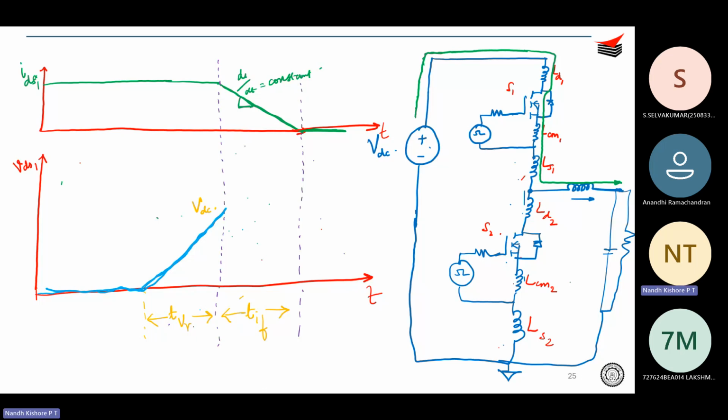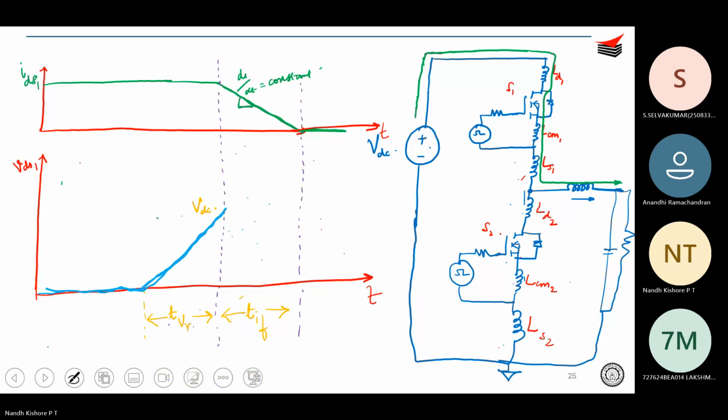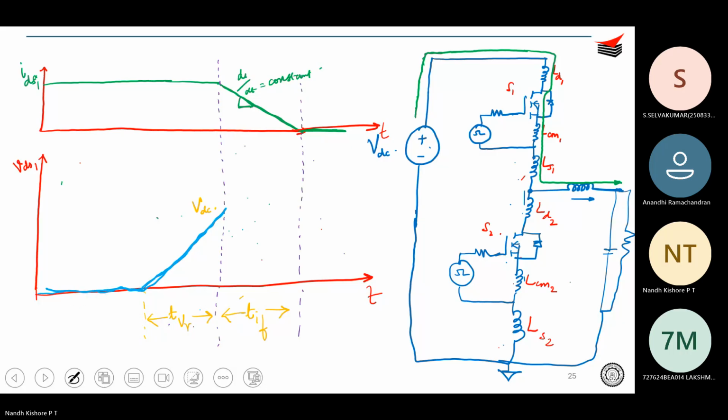So you know that there will be some portion of current which will go like this. So the current over here is constant, IL, right?